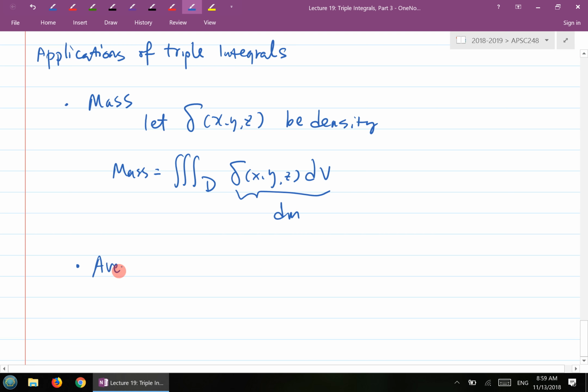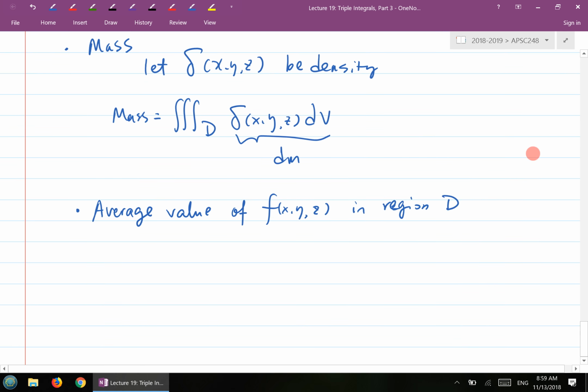There's another concept called the average value of this function f of x y in region D, just like the average value of f of x y in the region R for the double integral. If you recall, when you have a double integral over region R, there's a function f of x y.